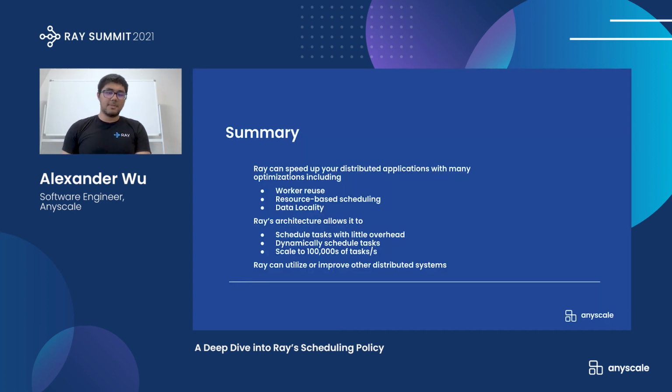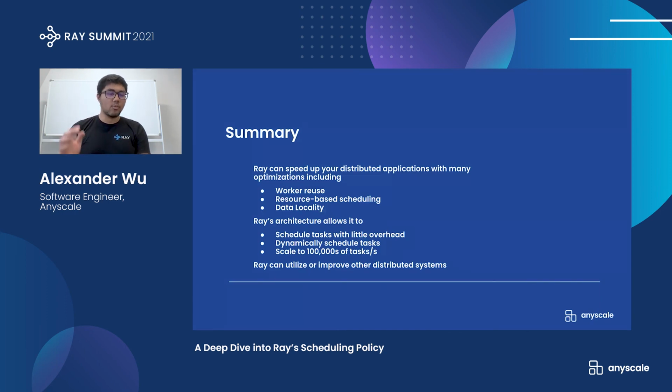Okay, so those were the main optimizations I wanted to talk about with Ray, and hopefully that gives you an idea of how the Ray scheduler works. But I just wanted to quickly summarize what we've talked about today. Hopefully you've seen that Ray can speed up your distributed applications, and it has a lot of these optimizations that in other systems you would have to really think about or even implement yourself.